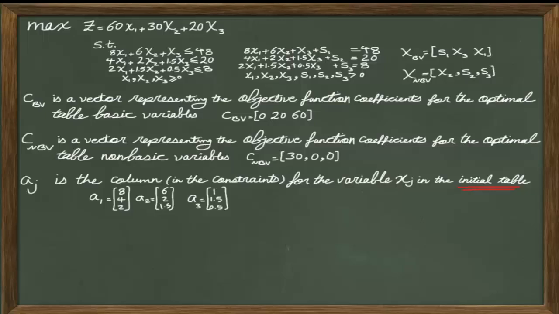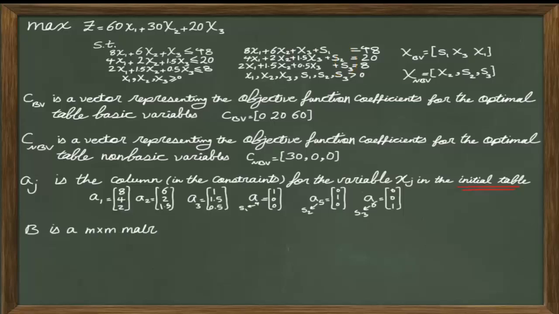If I assume that S1 is my fourth decision variable, then the coefficients of S1 form A4 for me. If I assume that S2 is my fifth decision variable, the coefficient of S2 forms the vector A5. If I assume that S3 is my sixth decision variable, then the coefficient of S3 in the constraints forms the vector A6.